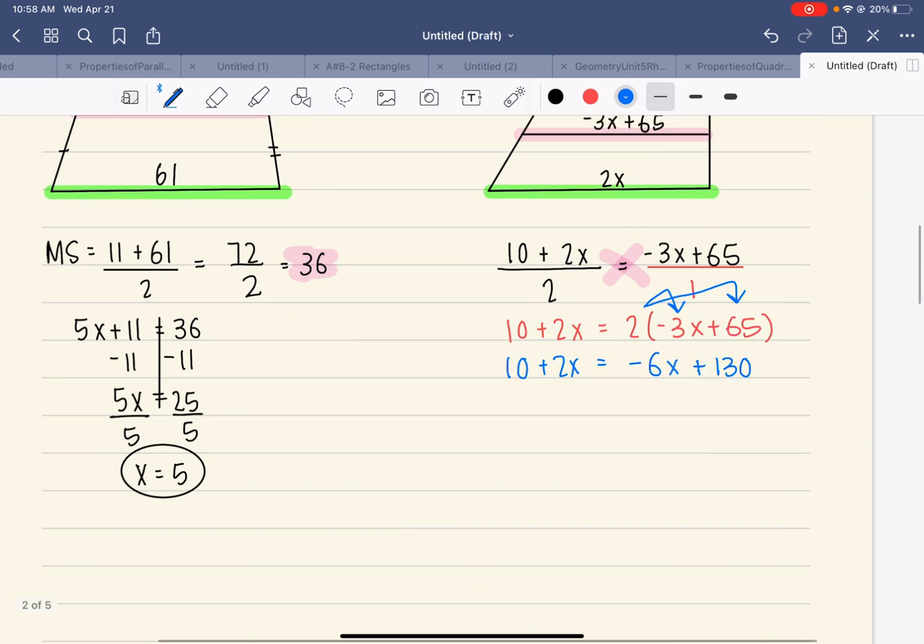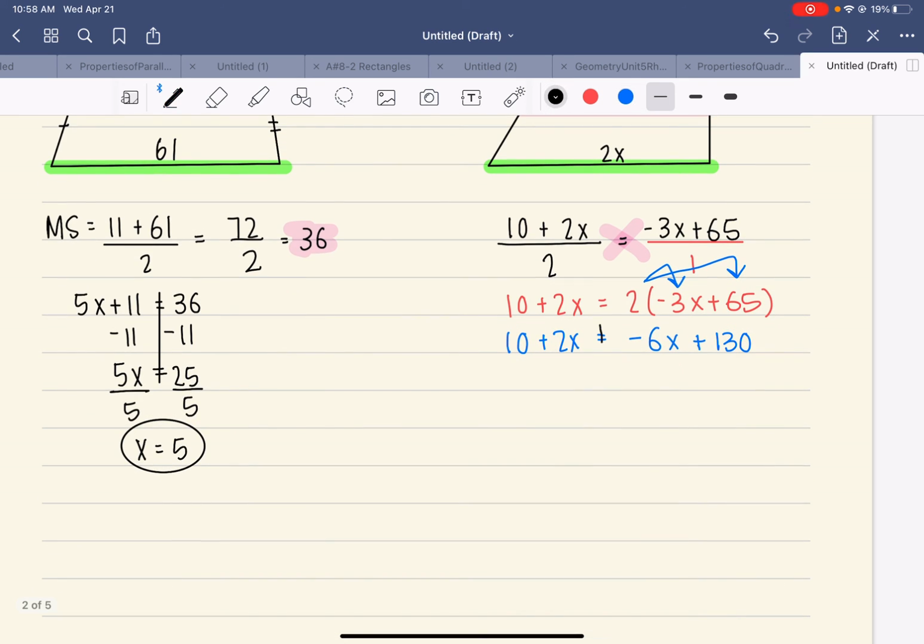Now we just solve. We move our x's around. I always move my smallest x, and my smallest x in this situation is negative 6. Because it's negative, I'm going to add my 6 over, and I'm left with 10 plus 8x equals 130.